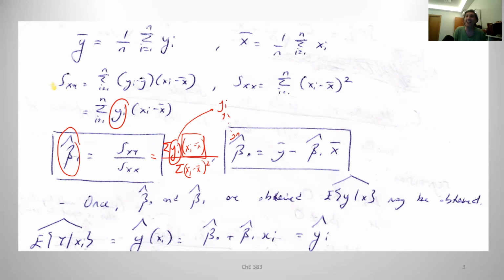Each of these values is conditionally normally distributed, conditioned on the x values. So y1 is normal with mean beta 0 plus beta 1 x1 and variance sigma squared. Y2 is normally distributed with mean beta 0 plus beta 1 x2 and the same noise variance term.